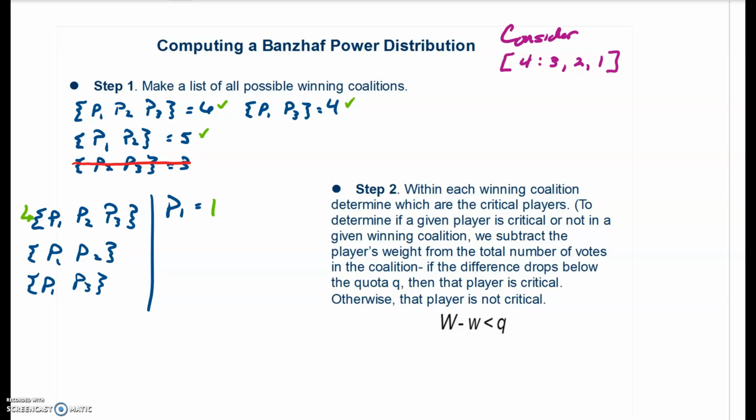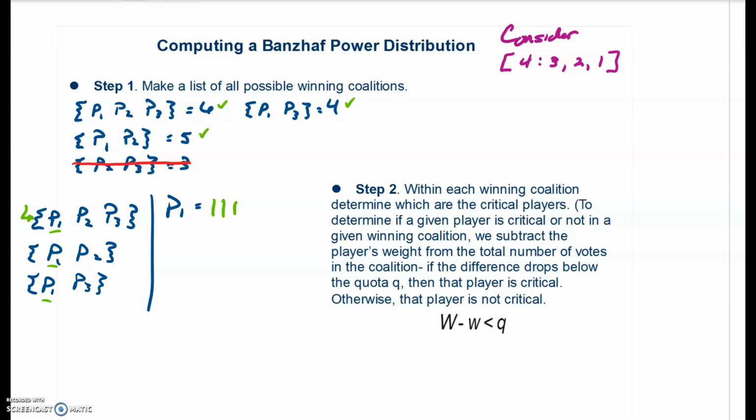If I take player 1 out of there, this is not a winner, so player 1 is critical again. And in the final one, if I take player 1 away, that's left with just player 3. That is not a winning coalition. So player 1 is critical 3 times.